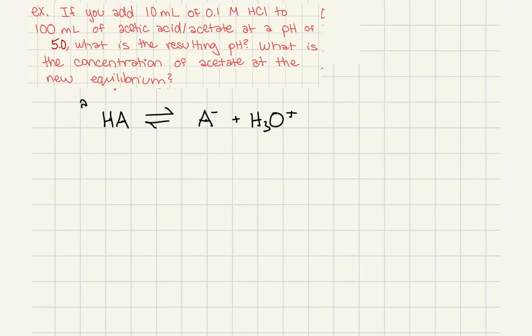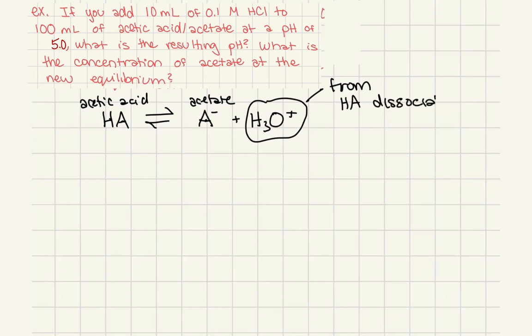So remember that in this case, we have our acetic acid and we have our acetate, and then we have our protons. And importantly, this is from our HA dissociation and from external.